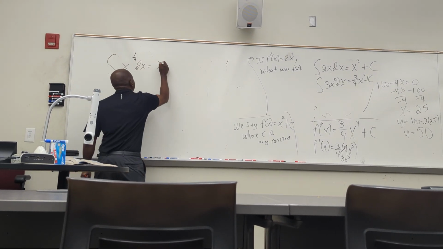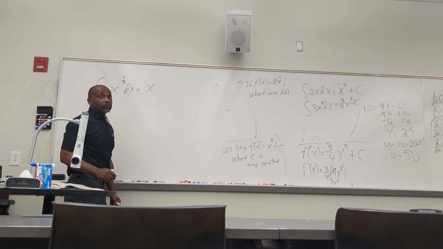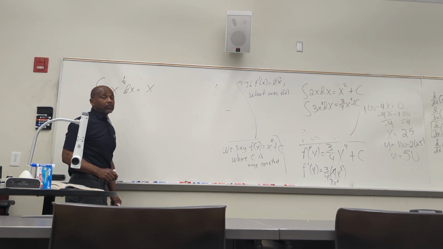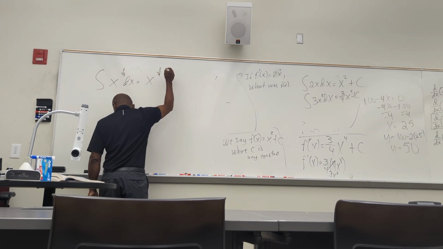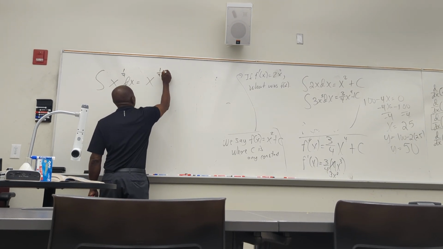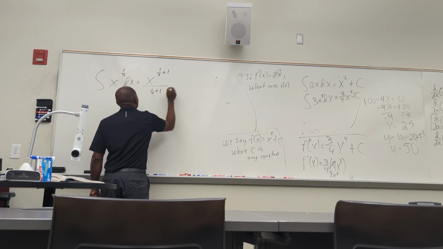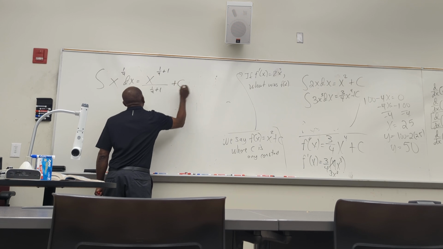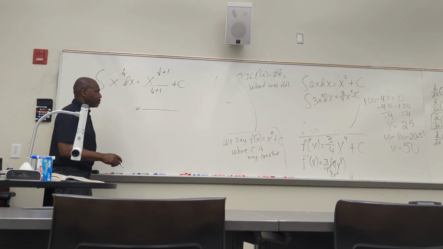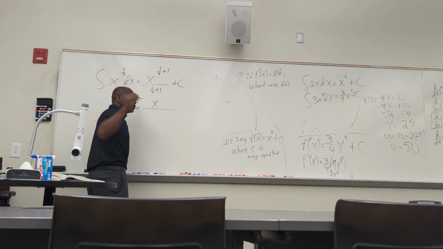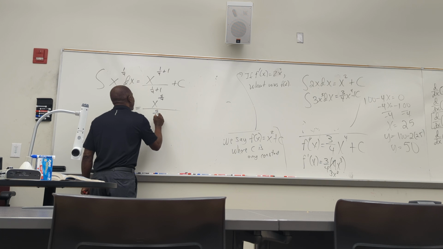So now we get x to the 1/4 plus 1, over 1/4 plus 1, plus C. Now Miss Paris, what's 1/4 plus 1? 5/4. So x to the 5/4, all over 5/4. I don't like fractions like this.